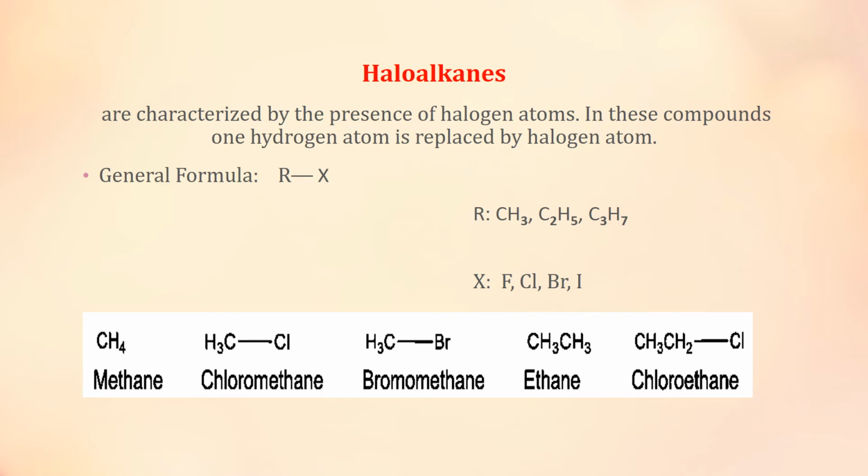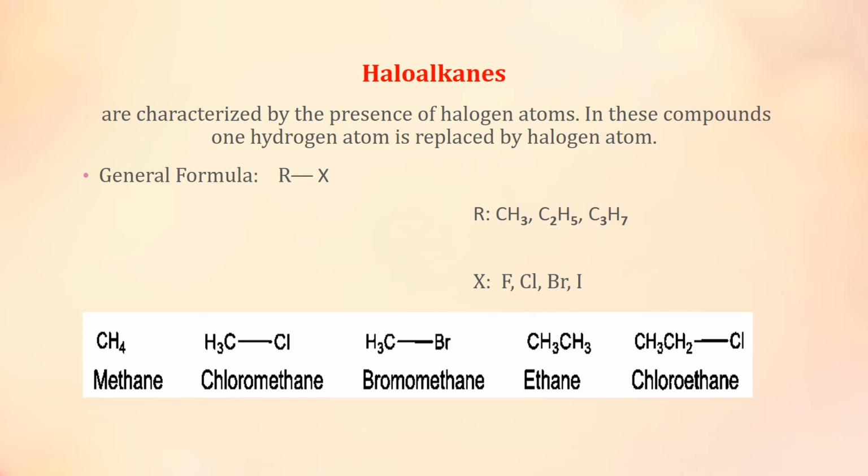A general alkane is methane, containing one carbon atom and 4 hydrogen atoms. When one hydrogen atom from methane is replaced by a chlorine atom, the compound formed is methyl chloride or chloromethane.